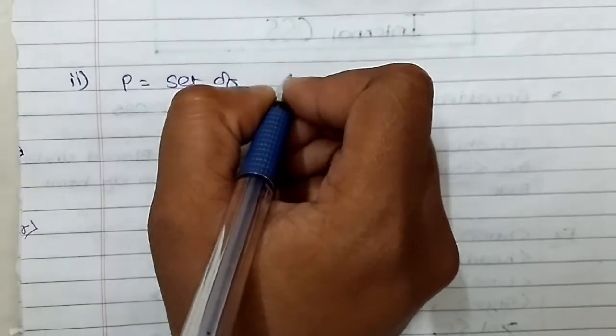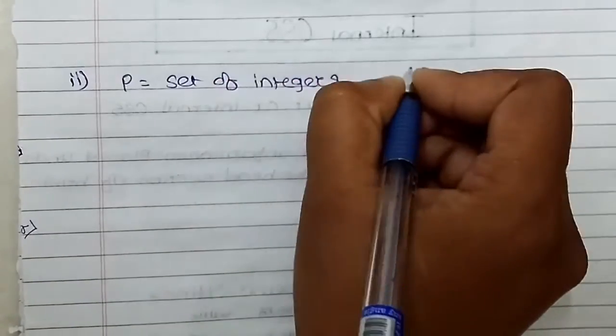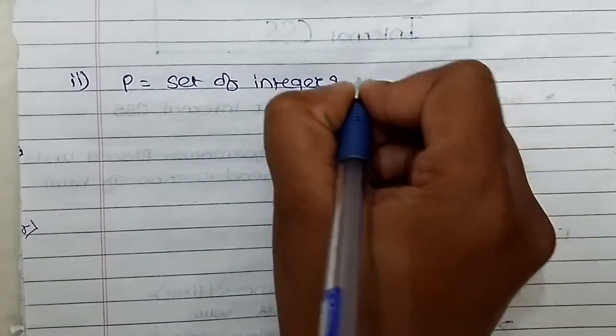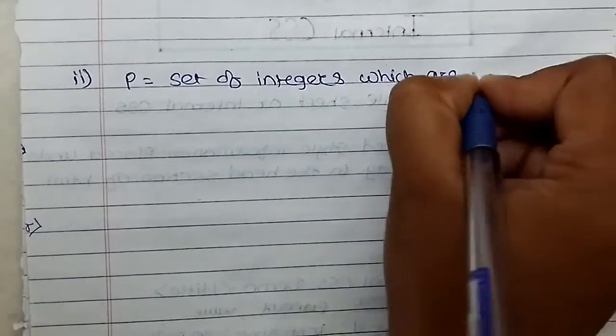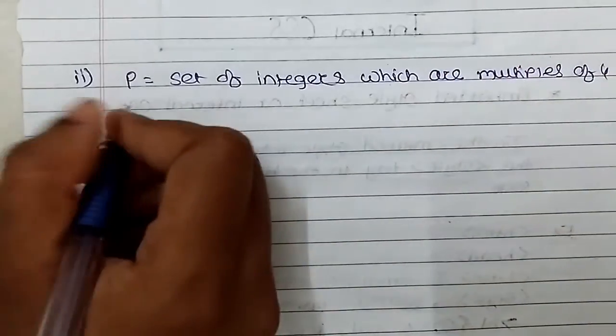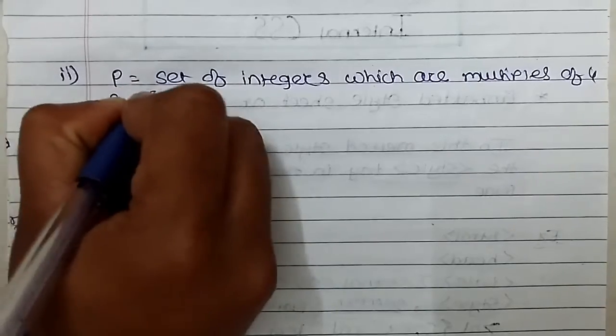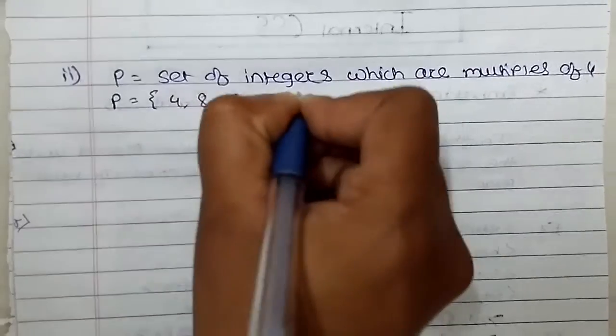So next, second: P is equal to, what is the P set? Set of integers which are multiples of 4. So what is this set here? That is P is equal to 4, 8, 12 and so on.